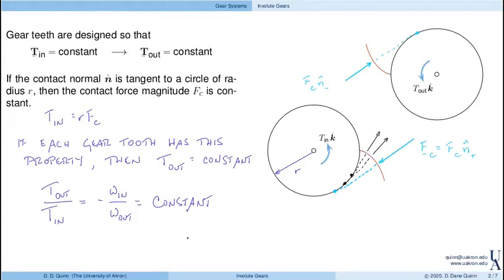Now, these curves are known as involute curves. So the tooth profiles, again, are known as involute curves. That's the shape of this tooth profile that we have drawn here.